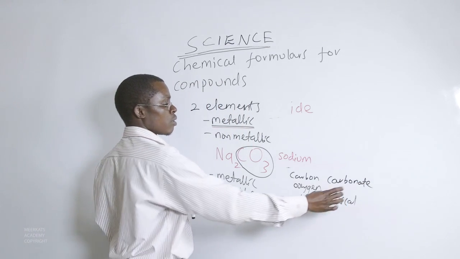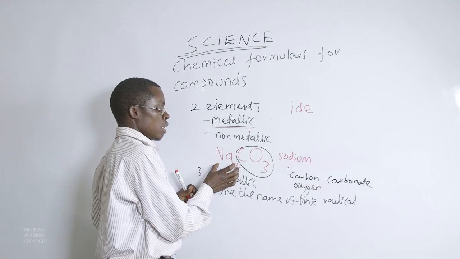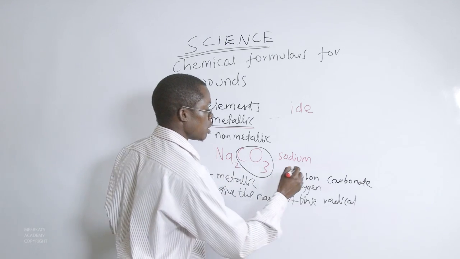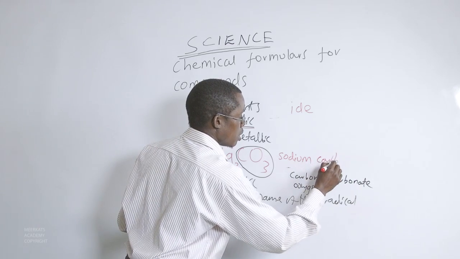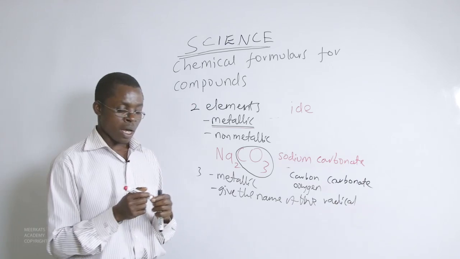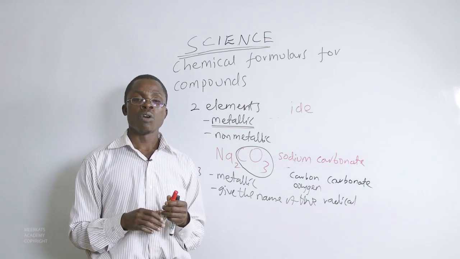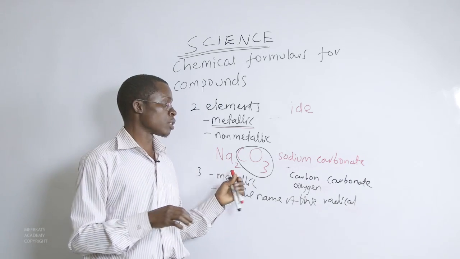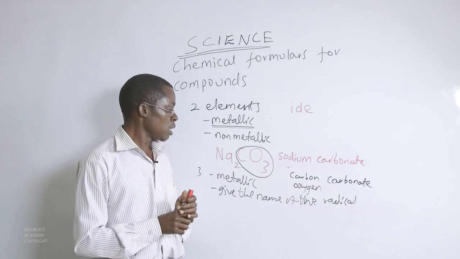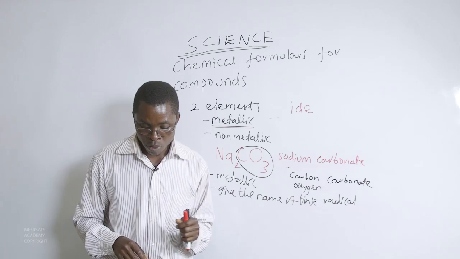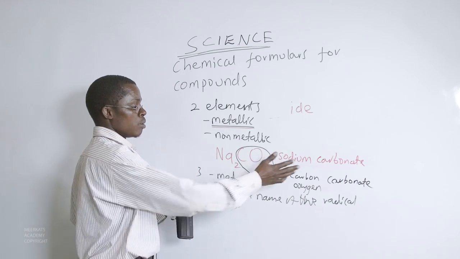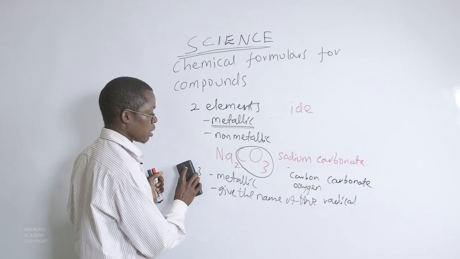Having identified that the radical is carbonate and the metallic element was sodium, the name therefore becomes sodium carbonate. And it runs through all compounds of similar formula characteristics. Let's look at 4 more examples of the same kind. You try to get the name, then we shall go through them together.